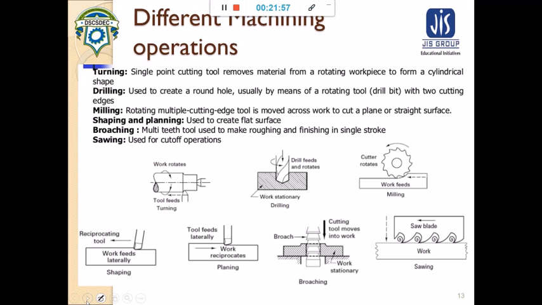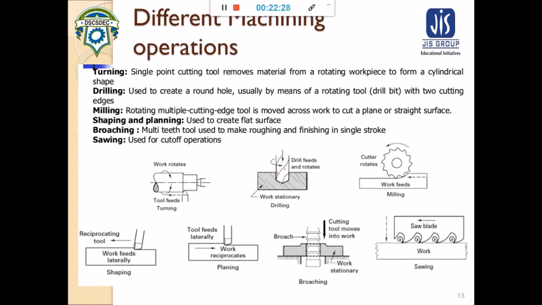Secondly, in drilling we can use a drill bit, and we can make a hole in a workpiece, that is called drilling. Milling: in case of milling, we can see cutter rotation, and by that we can make a plane surface, a straight line surface.